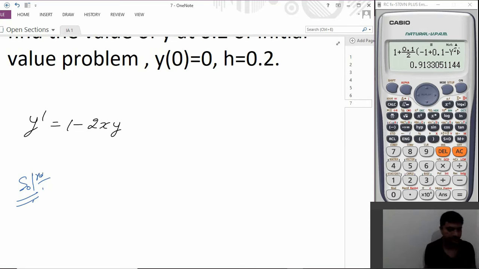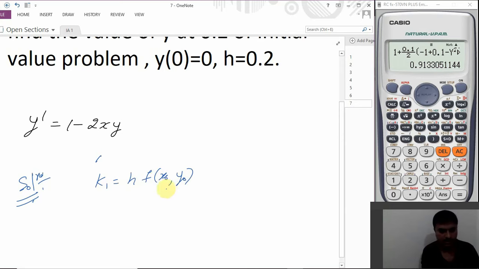Next is k4 is equal to h f of x naught plus h comma y naught plus k3, and the last formula is our initial value, that is y of x naught plus h, that is y1, we say y naught plus 1 upon 6 of k1 plus 2k2 plus 2k3 plus k4.